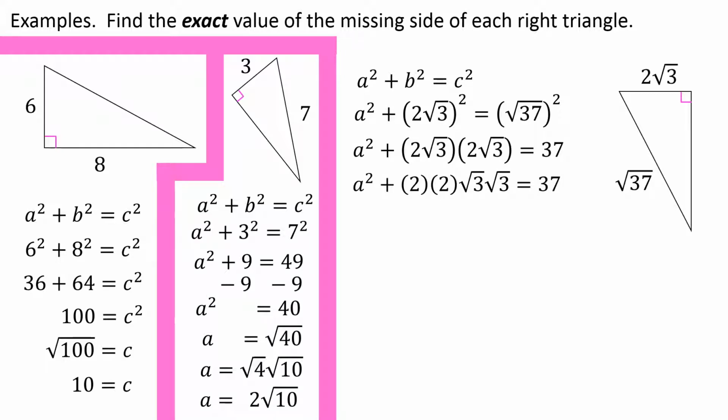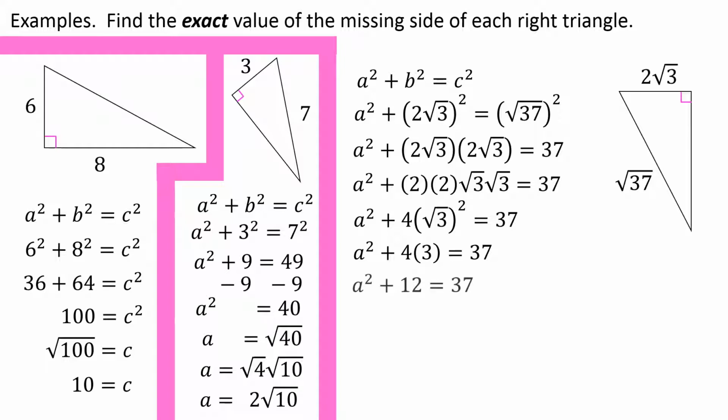Using the commutative property of multiplication, I can rewrite that as 2 times root 3 times root 3. 2 times 2, of course, is 4. Root 3 times root 3 becomes 3. So notice that square root of 37 was really quick to square. But when I have something like 2 root 3, it's a little bit more time consuming.